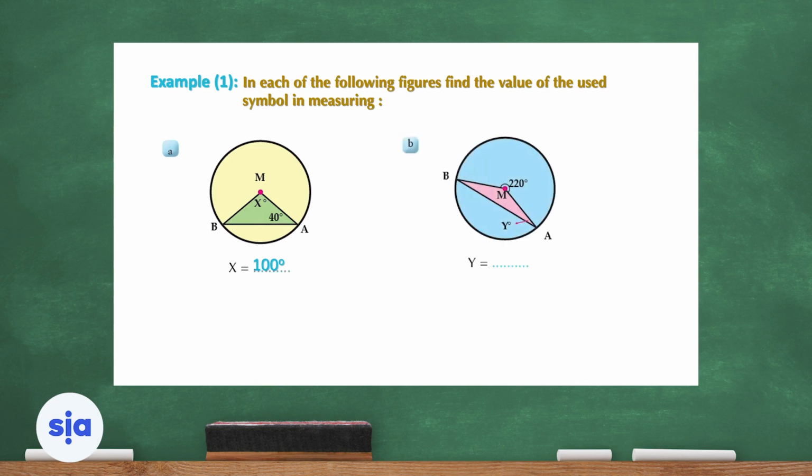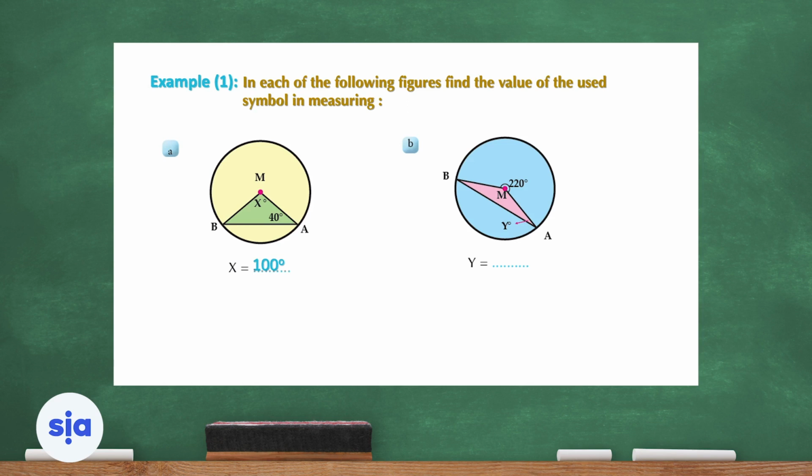Example B. If the external angle of the center is 220, and we know that the central angle measures 360 degrees as a circle, so the measure of the interior angle at M equals 360 minus 220, which is 140 degrees.